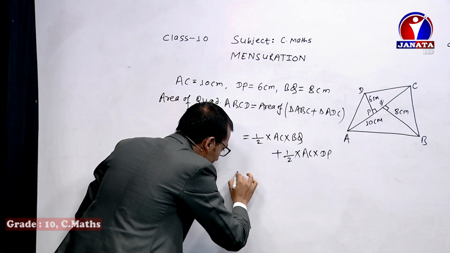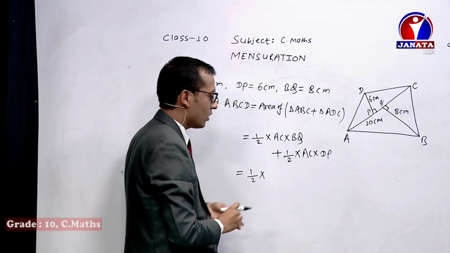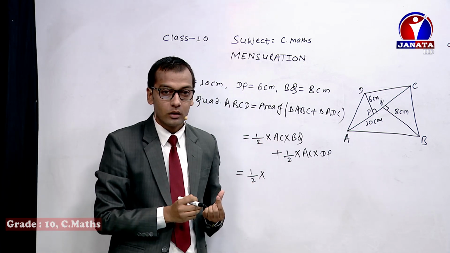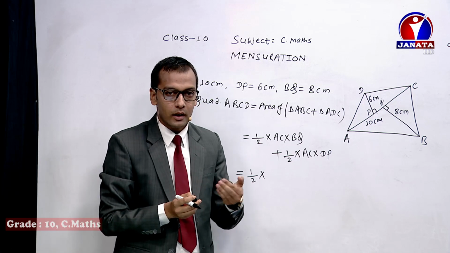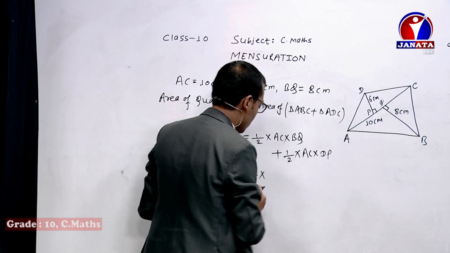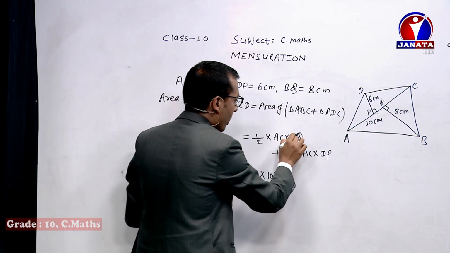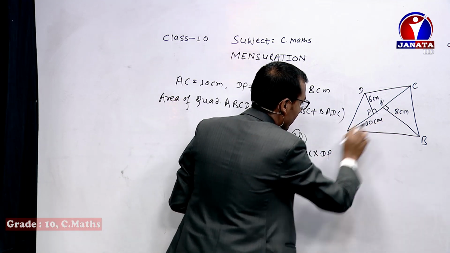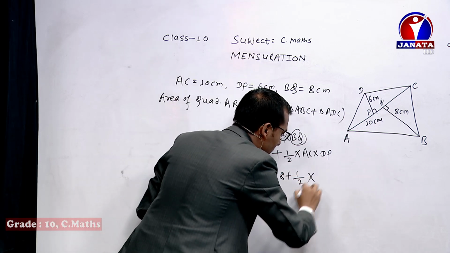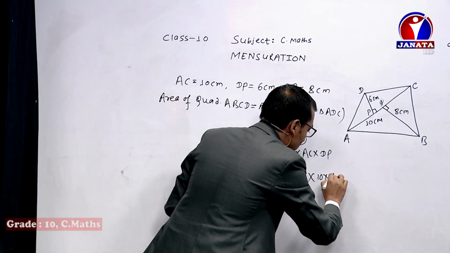Now we can use this information. There are two ways. We can take 1/2 times AC common and then calculate, or we can directly use the values and calculate the areas of the two triangles, and then we will obtain the area of this quadrilateral. 1/2 times AC, 10, times BQ, which is 8, plus 1/2 times AC, 10, times DP, which is 6.